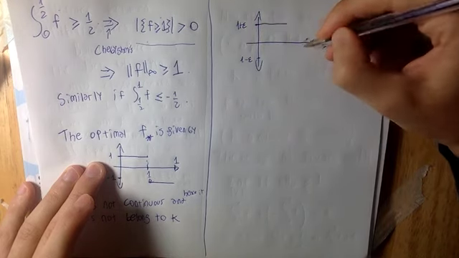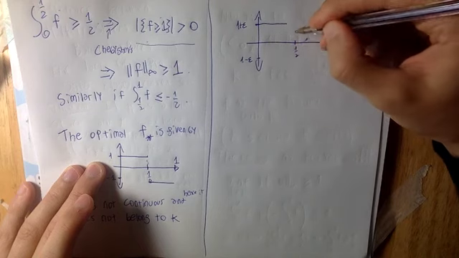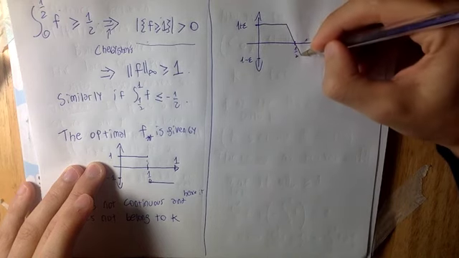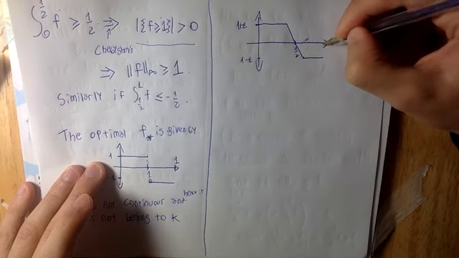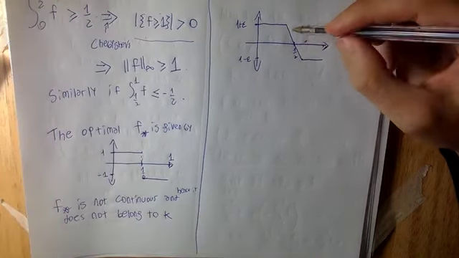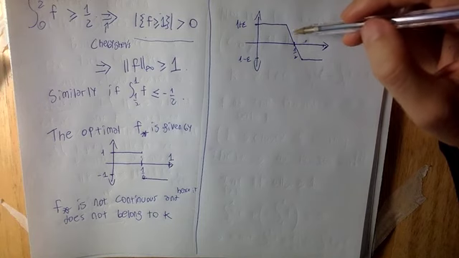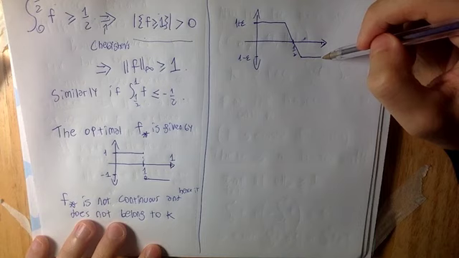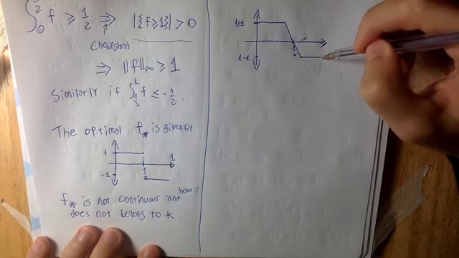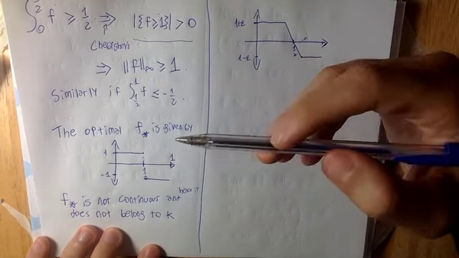That would do something like this. Around 1/2, you would have a continuous transition, and then it will go like this. If you do it in the right way, you can make this function satisfy the necessary restriction, and when you take a limit, you converge to the infimum.